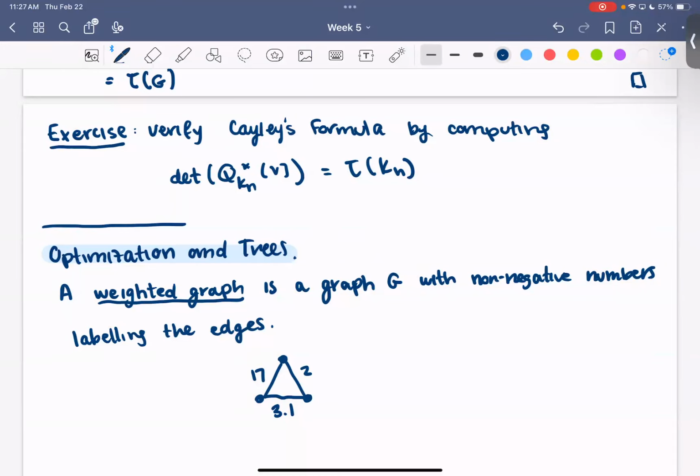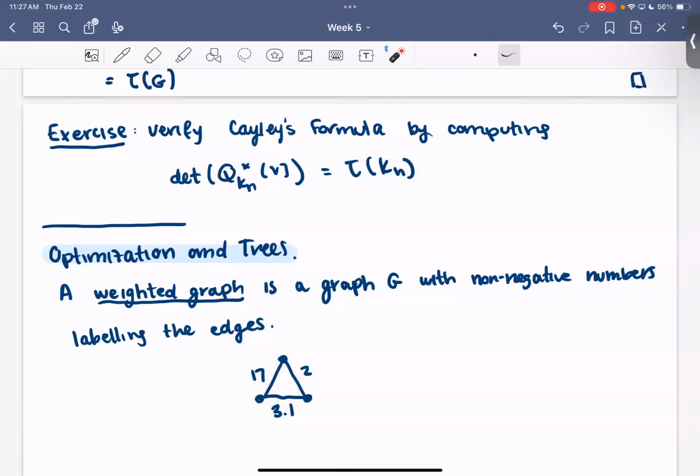So for example, these might be cities, and the edges denote distances between them. I guess this is not a realistic example because it fails the triangle inequality, but maybe this is the toll cost for driving across this road or something. So if you want to go from this vertex to this vertex, it's actually cheaper to go this way than this way or something like that.